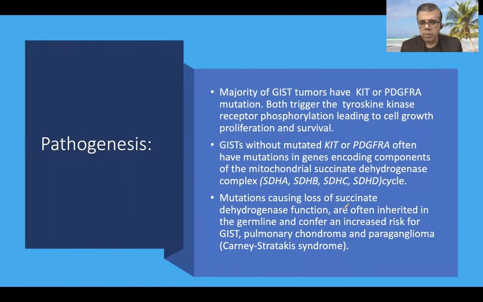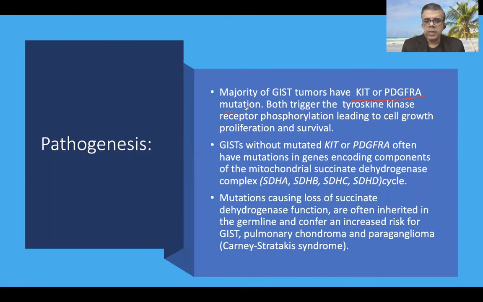Now coming to the pathogenesis, it's extremely important to understand the pathogenesis because that forms the basis of the treatment in GIST. The majority of GIST, or gastrointestinal stromal tumors, have KIT or PDGFRA mutation. PDGFRA stands for platelet-derived growth factor receptor alpha.